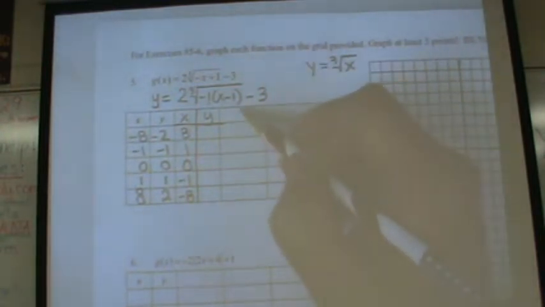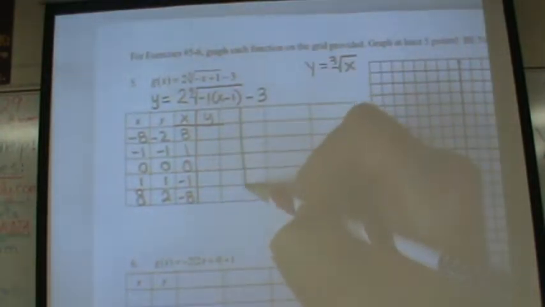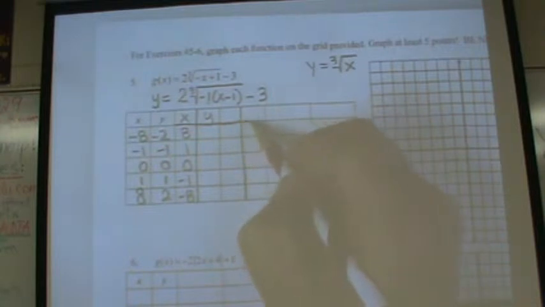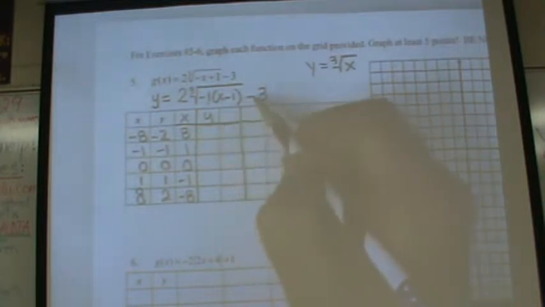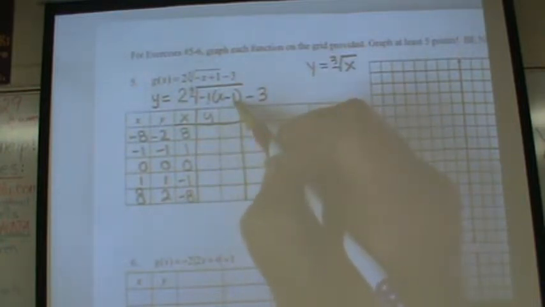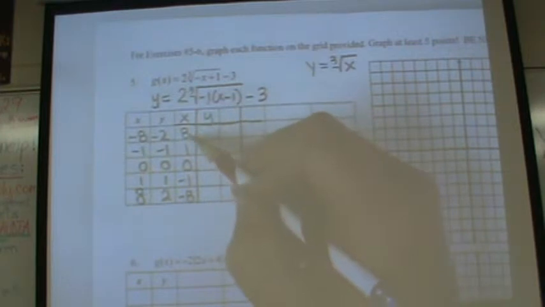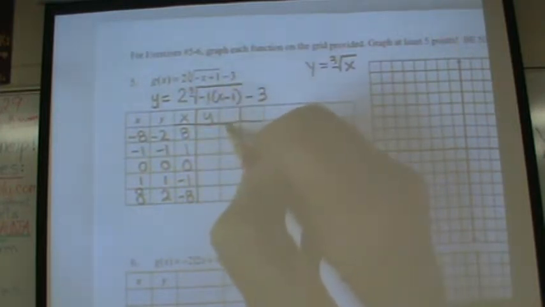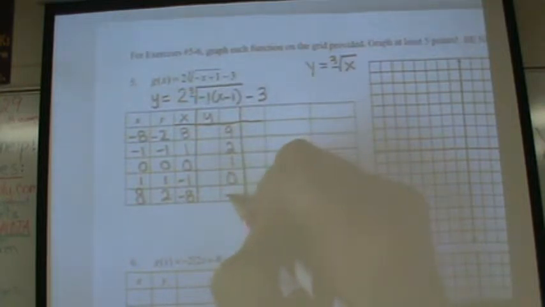And now I'm going to move on, and I'm going to keep my X value going here. I'm going to take my X values and I'm going to add 1 to them. So if I add 1 to all these, I get 9, 2, 1, 0, and -7.